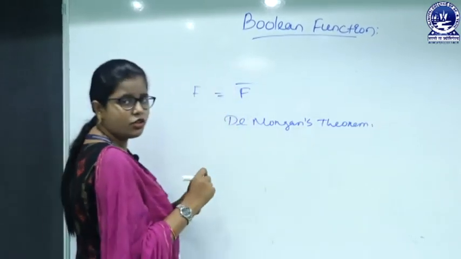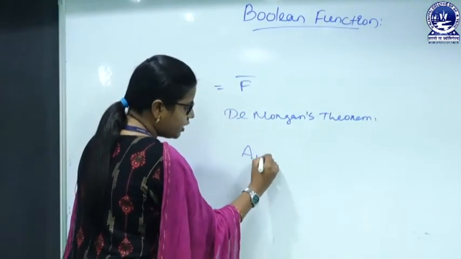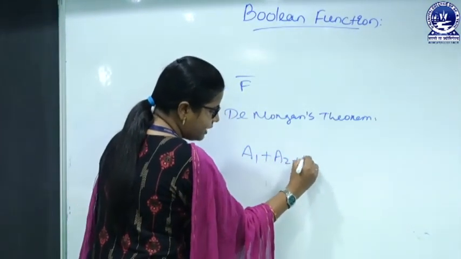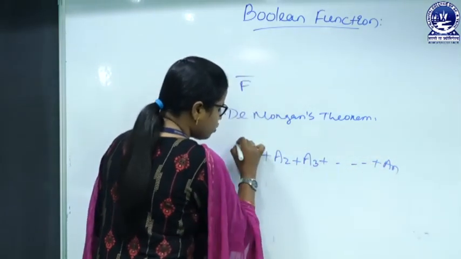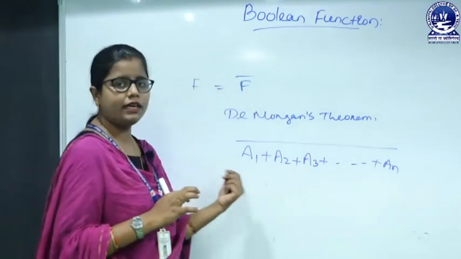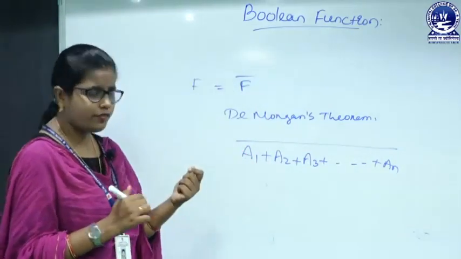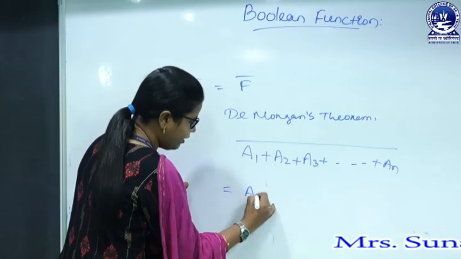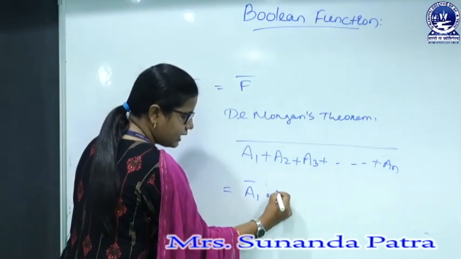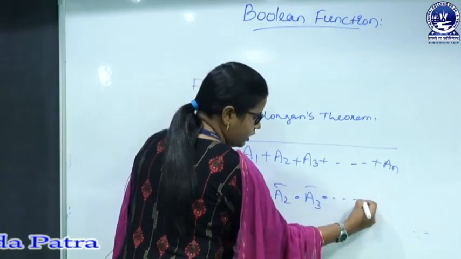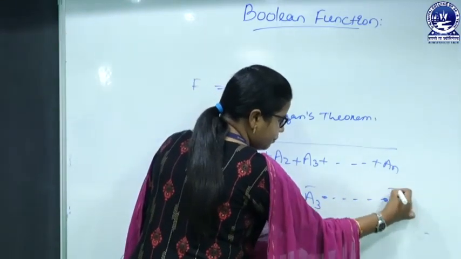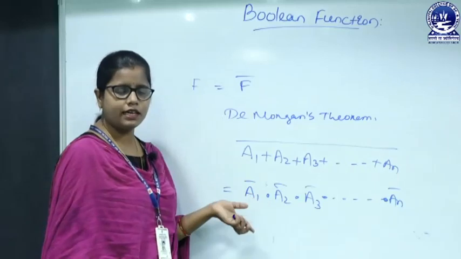So what is De Morgan's theorem? Suppose A1 plus A2 plus A3 plus up to AN. If we complement this expression, what do we get? We get A1 complement dot A2 complement dot A3 complement dot AN complement. This is the generalized form.